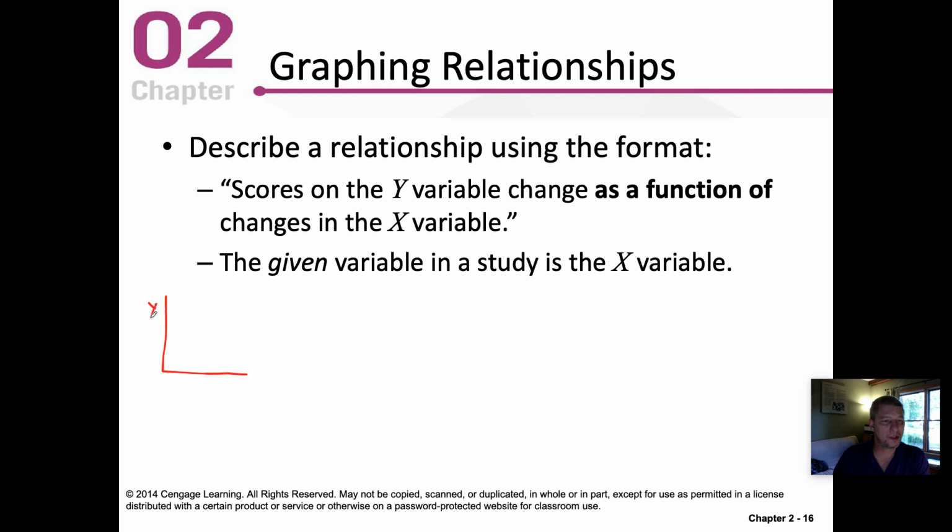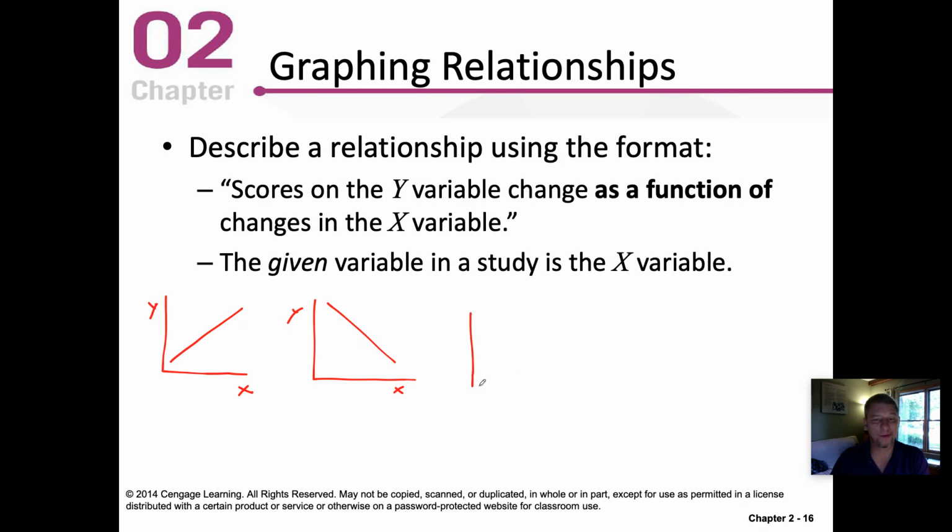If this is the y variable and this is the x variable, you might have a scenario where as x increases, y increases as well. You may have the scenario where as x increases, y decreases.